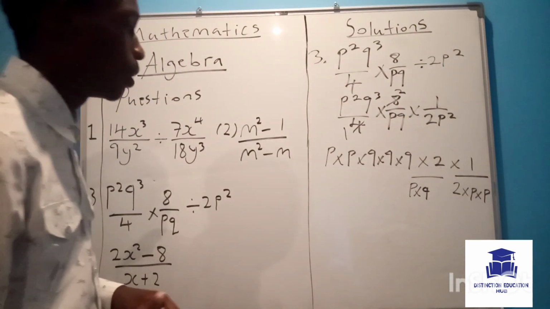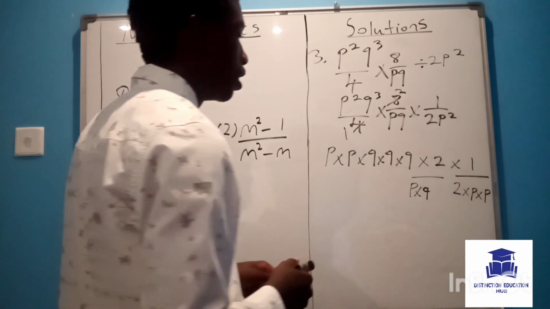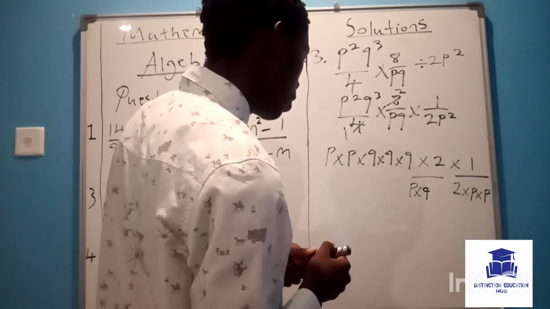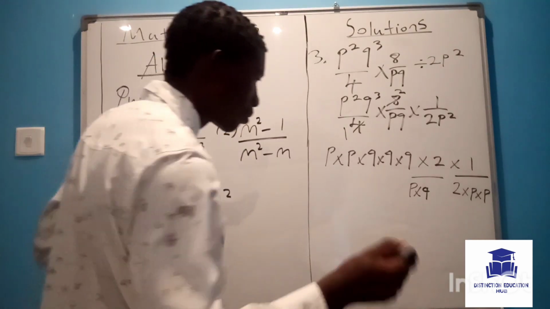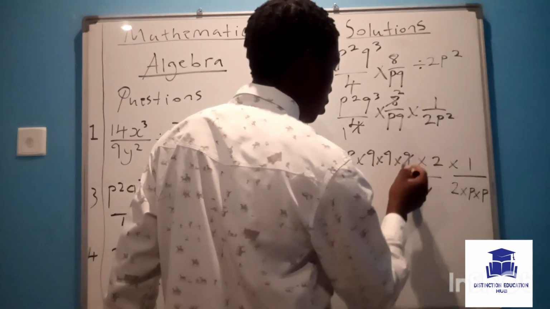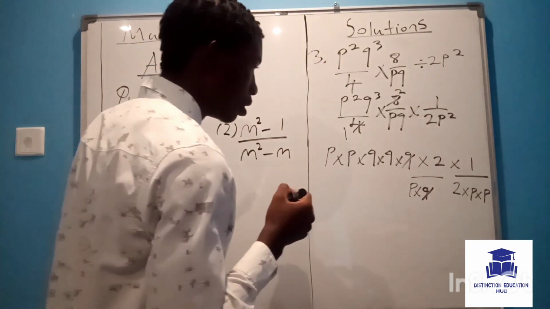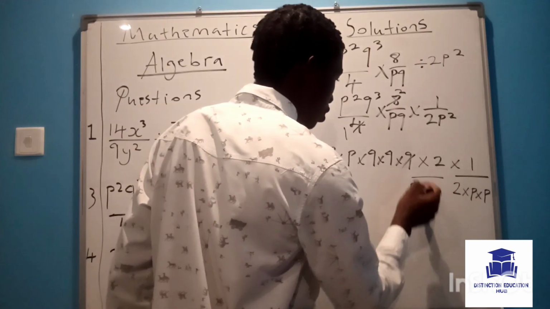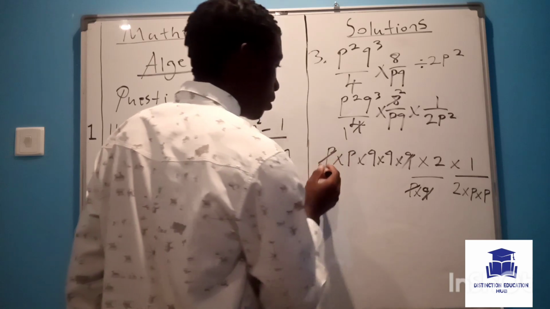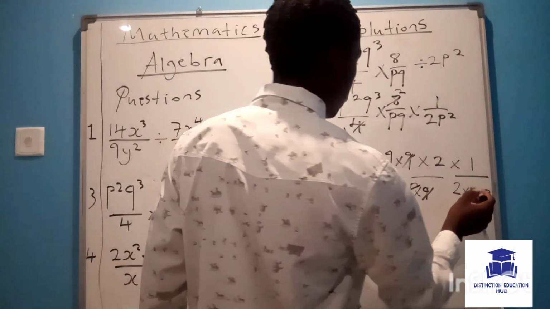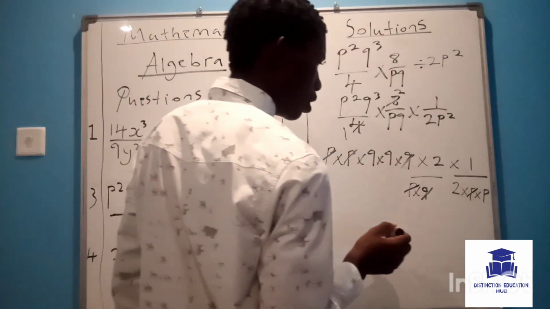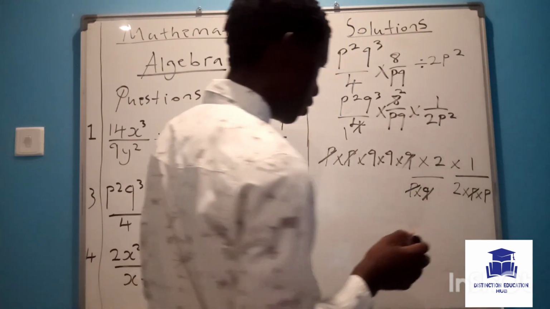After you expand, then you cancel out the like terms. You cancel out the ones which are alike. So you look at your expression. This P cancels out this P here, and this Q cancels out this Q. This P cancels out this P right over here, and this P cancels out this P here, and you're done.